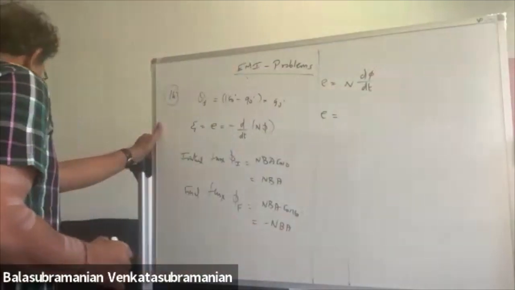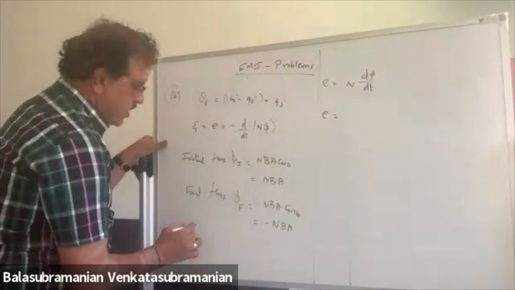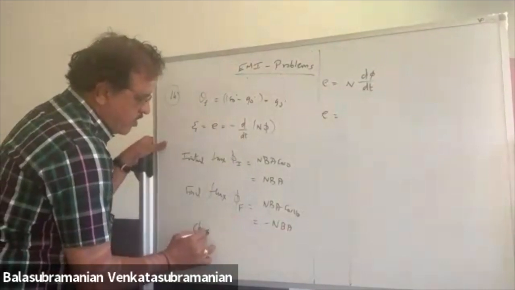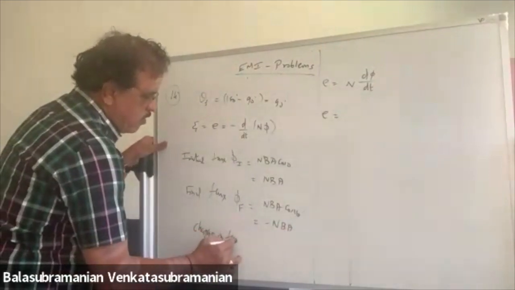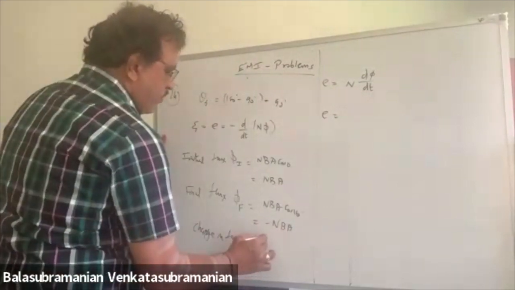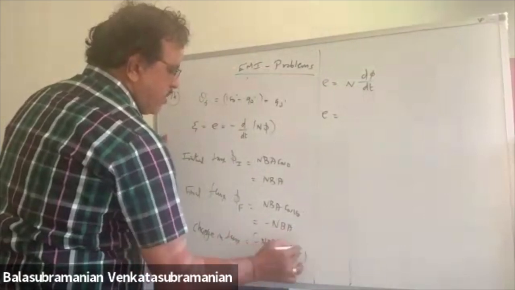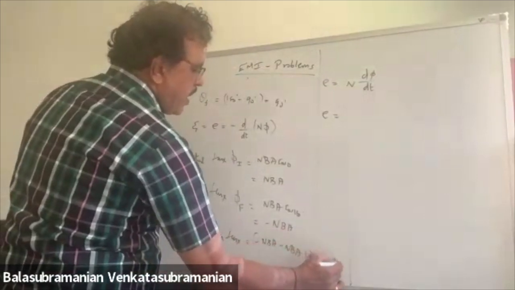So change in flux. What is the number of turns given? Change in flux we will calculate first. Final minus initial. Final is minus NBA, initial is NBA, so minus 2 NBA.